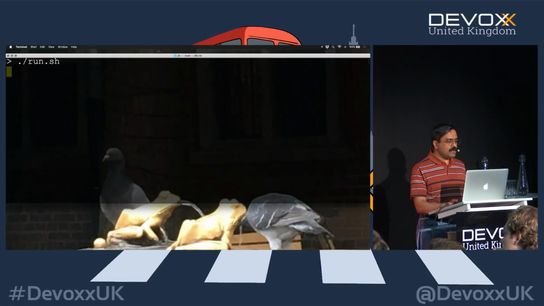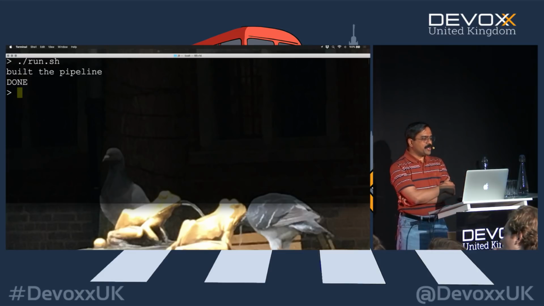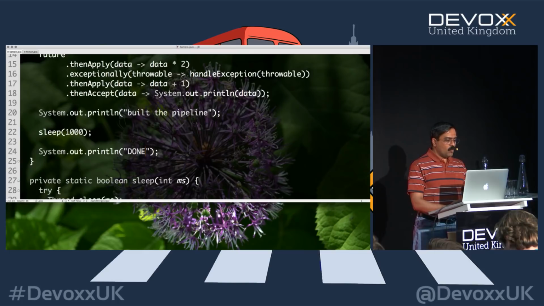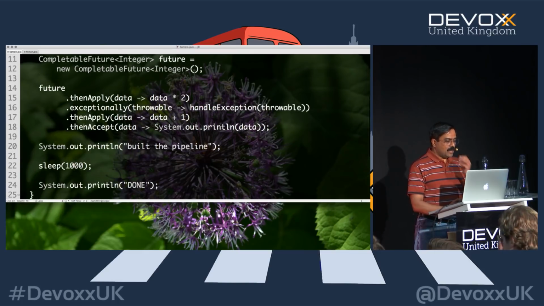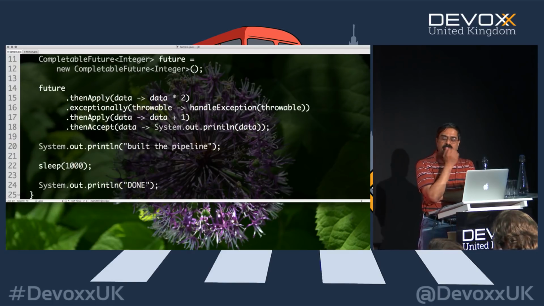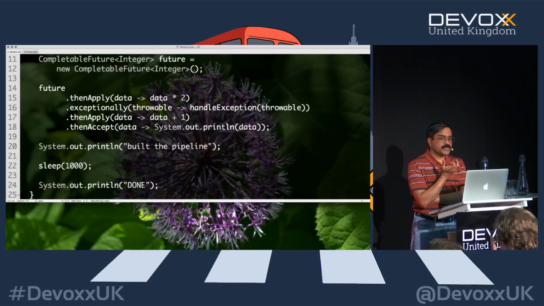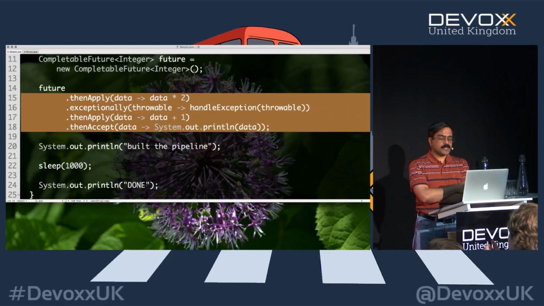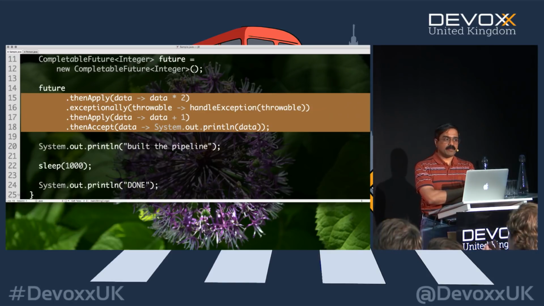But the problem is nobody really triggered the pipeline. And as a result, in this example, if the pipeline was never evaluated, how do you know how long you're going to wait for a result to be received? The problem really is this pipeline is never evaluated because the CompletableFuture is in a state of pending.